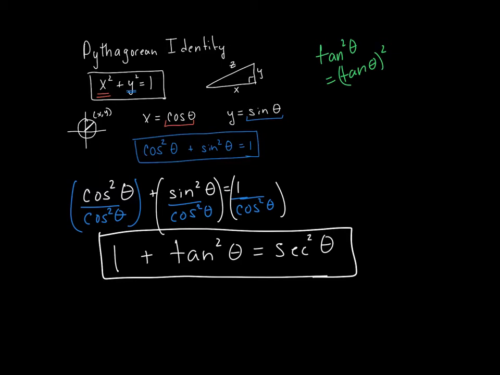And if I did that, the last identity would become 1 plus the cotangent squared of theta is equal to the cosecant squared of theta. Now we're going to go ahead and use these in the next part of this video.